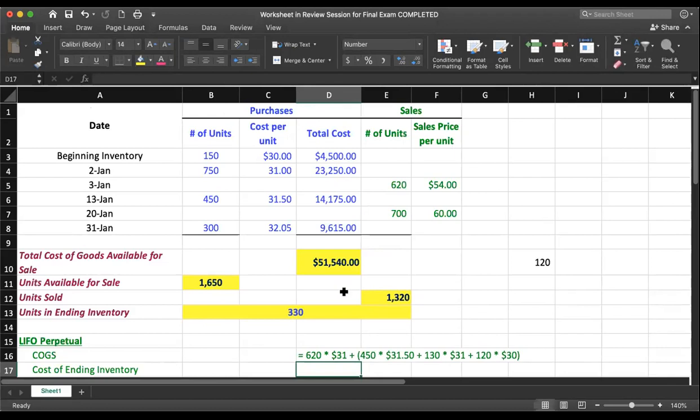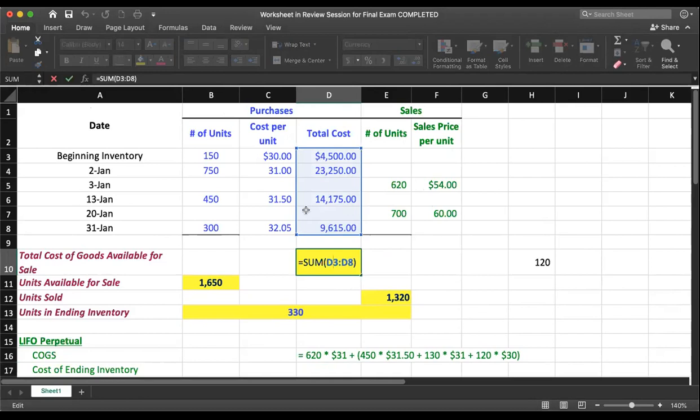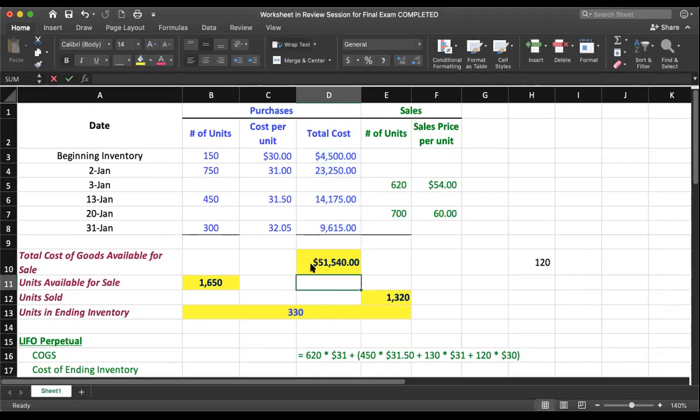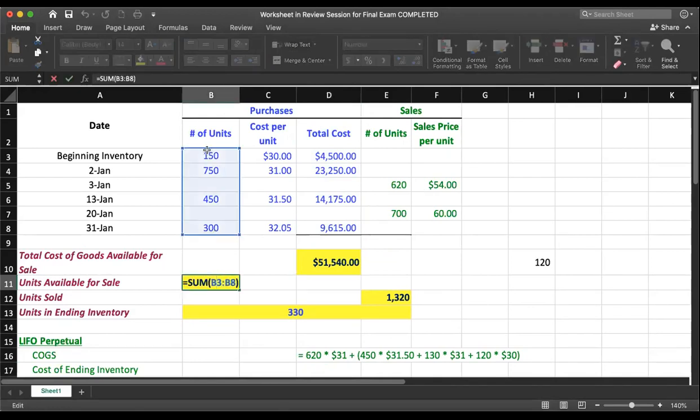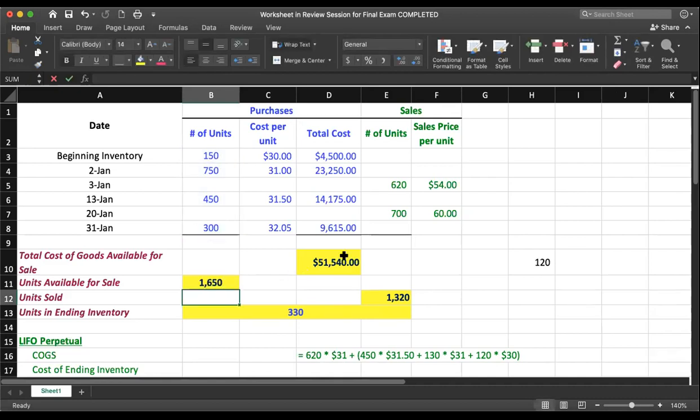Okay, very good. So let me just kind of repeat what I've been saying. All right, so we computed the total cost of goods sold, which is just the sum of the costs here. We computed the units that were available to sell, and those were the units from the beginning inventory plus those that had been purchased during the month.